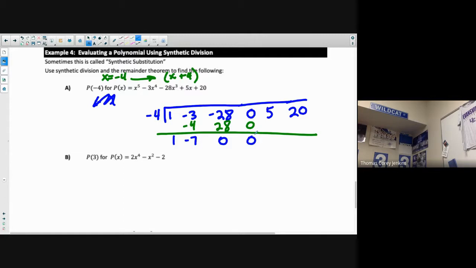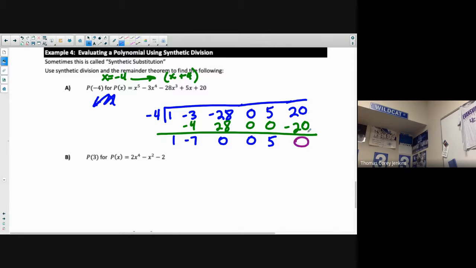Multiply again, we get 0. Add again, we get 5 this time. Multiply again, and we get -20. All right, so in this case, we would have a remainder of 0.